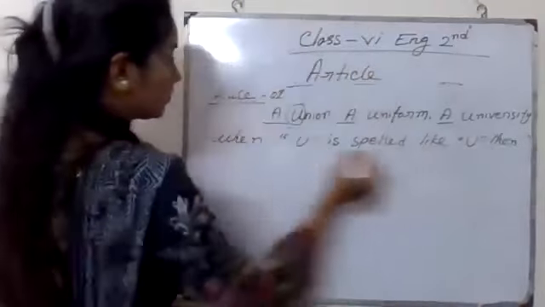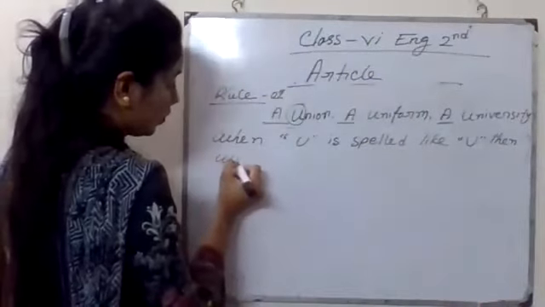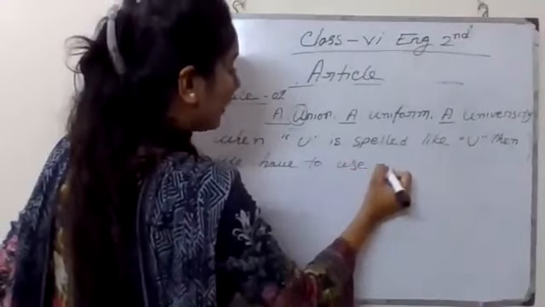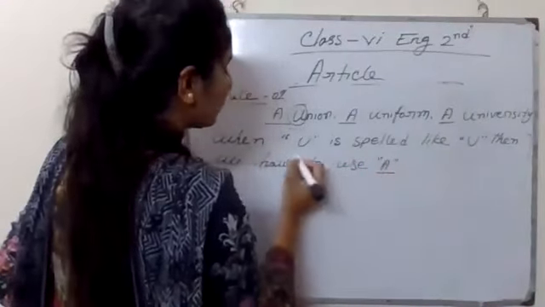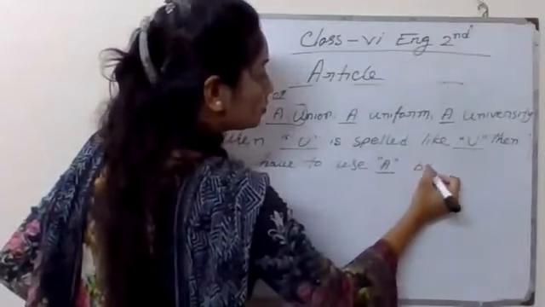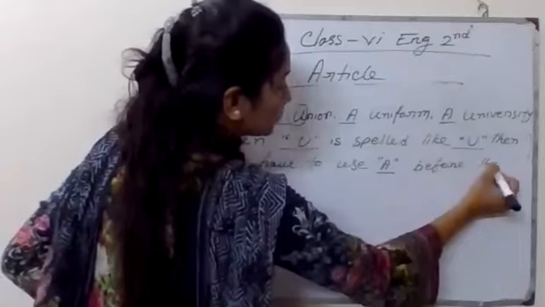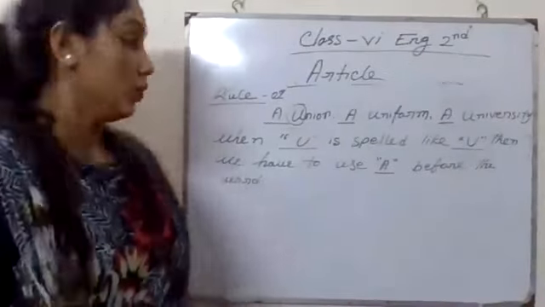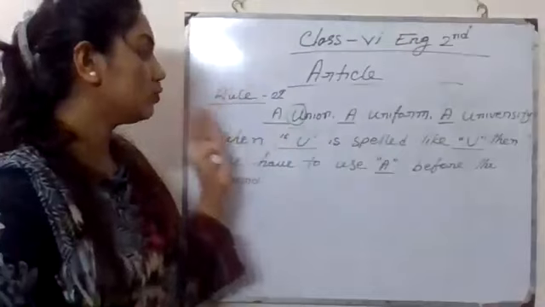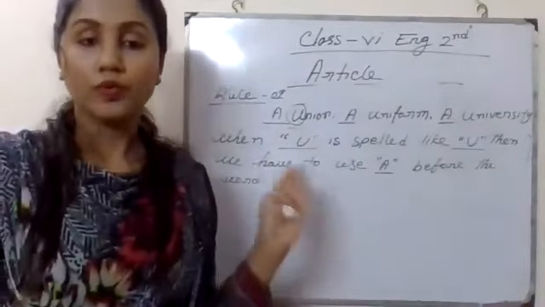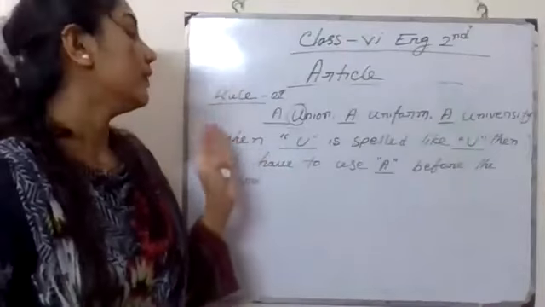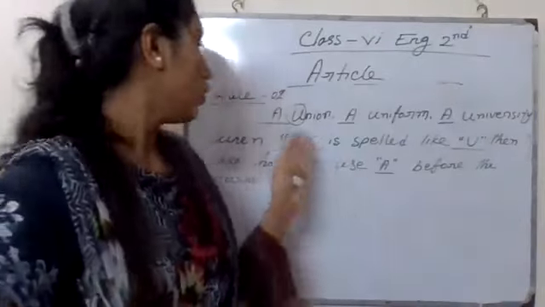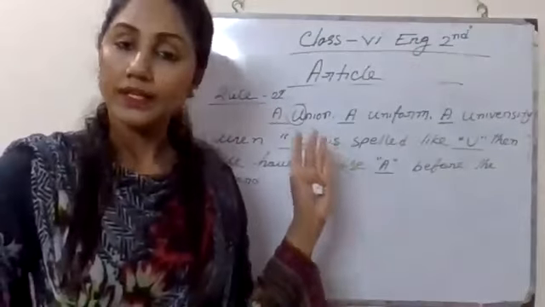then we have to use A before the word. So boys, it's clear that when U is spelled or sounds like "you", then we have to use A instead of using AN before the word, like union, uniform, university.